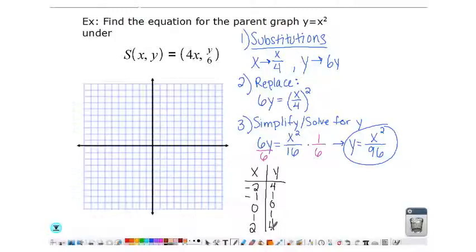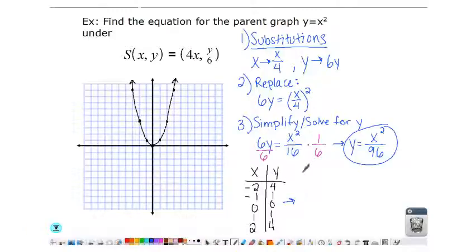So go ahead and plot our parabola. Then I'm just going to add a couple more points to make my graph a little bit more accurate. Okay, so now we're going to do our new graph in blue.